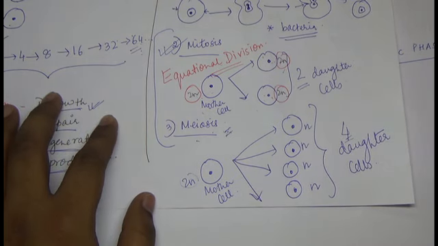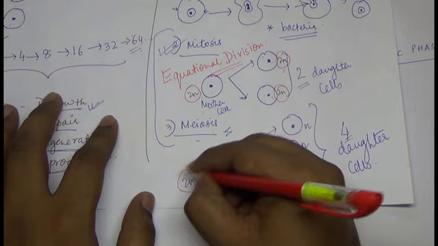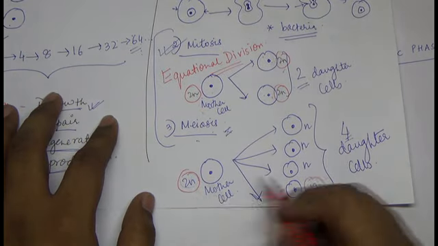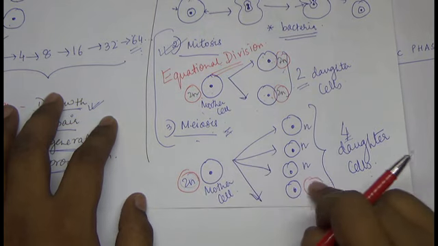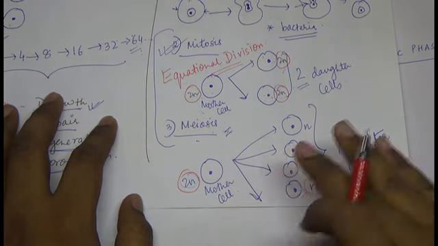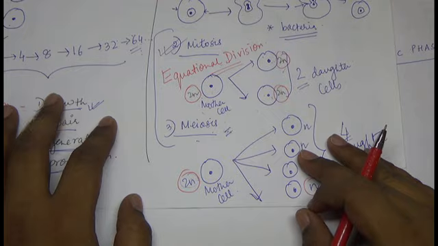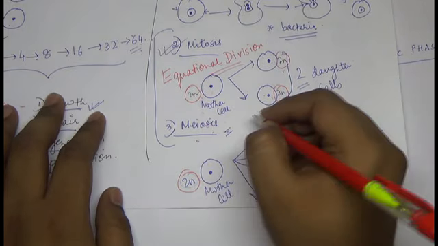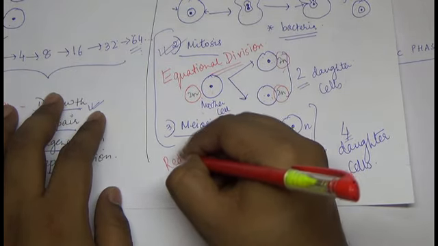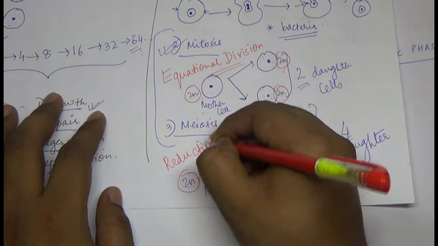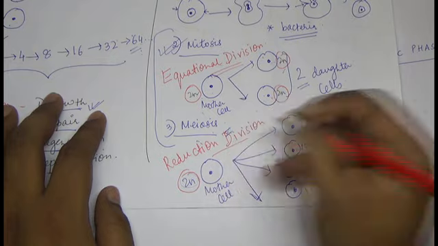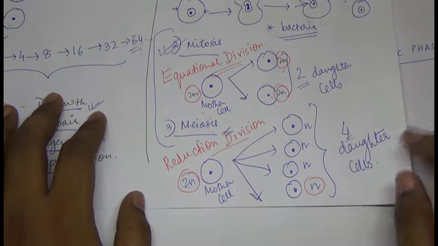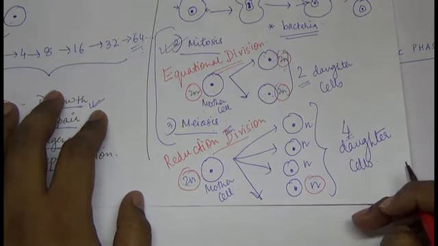So we can see a reduction in the number of chromosomes between the mother cell and the daughter cell. Basically speaking, it is halved. The chromosome number is divided by 2. And hence this is the reason why meiosis is also called reduction division. Clear? Because there is a reduction in the number of chromosomes during meiosis.